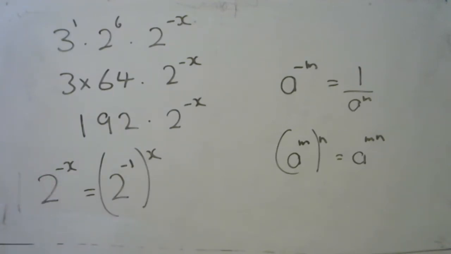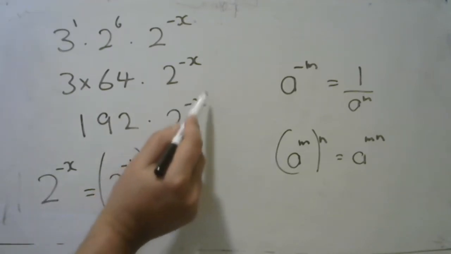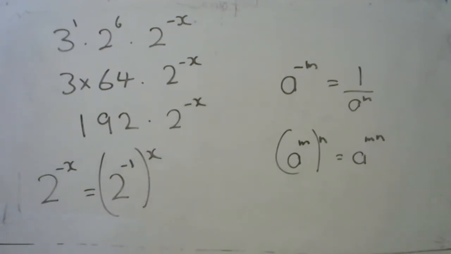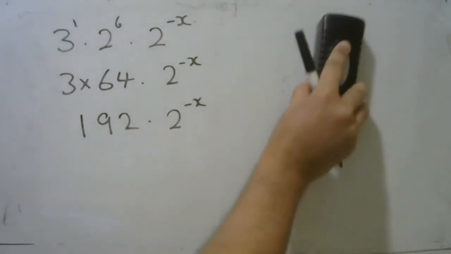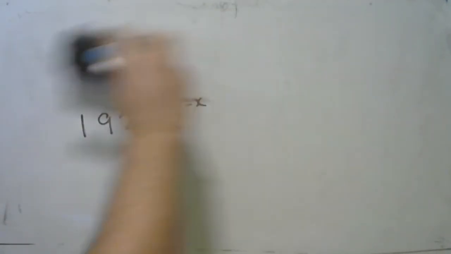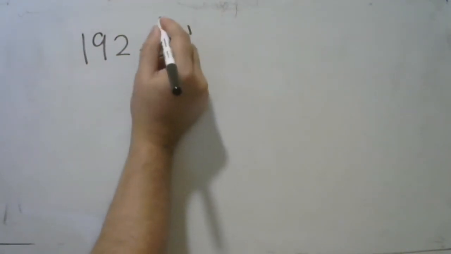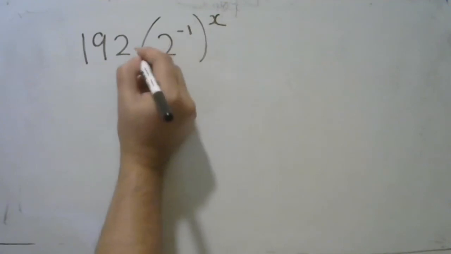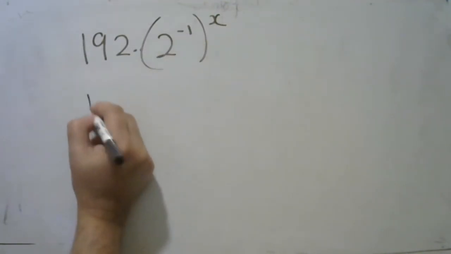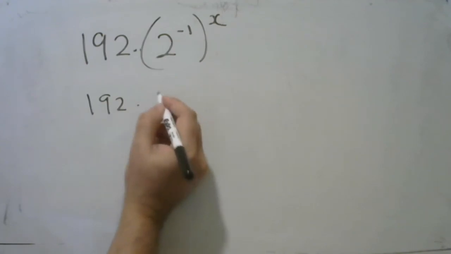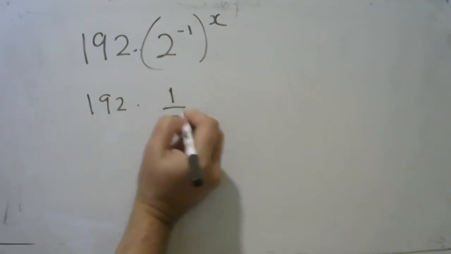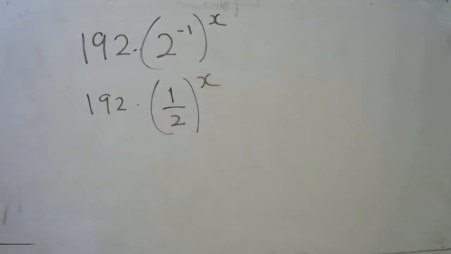All right? So look at this. I'm going to reduce this guy here. So I have 192 dot 2 to the minus 1 to the x. Now this here, 192 dot 1 upon 2 to the x.